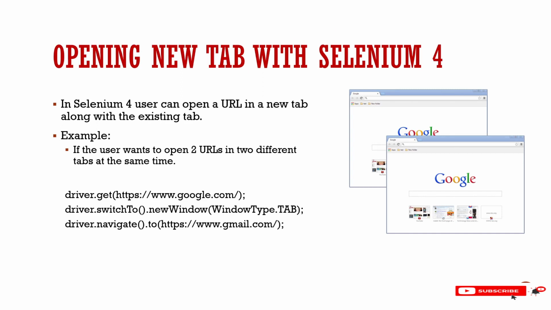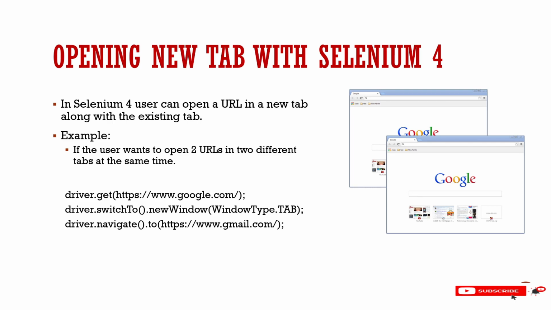We have a new feature called opening a new tab with Selenium 4. In Selenium 4.0, the user can open a URL in a new tab along with the existing tab. Earlier we used to open in the same one, where we would use get to launch one URL.